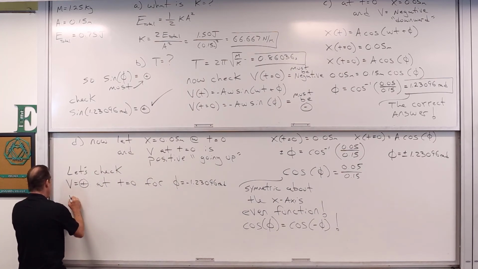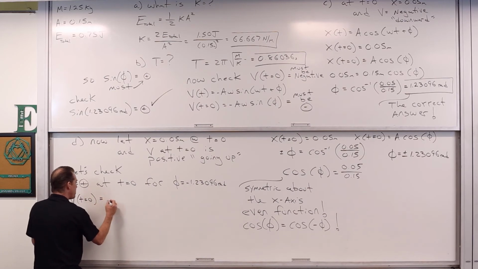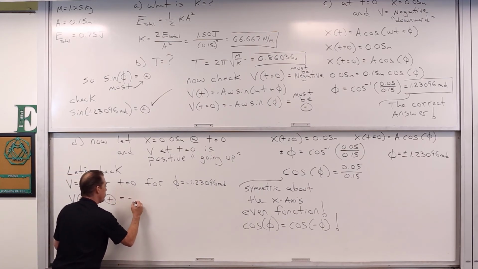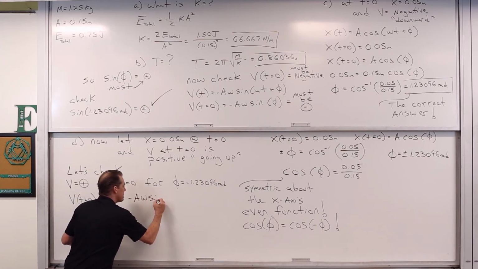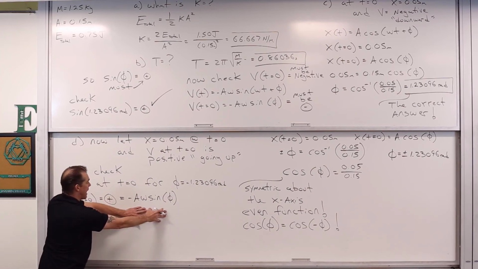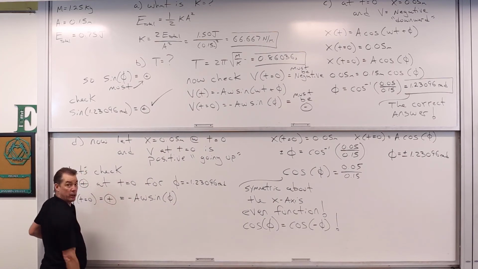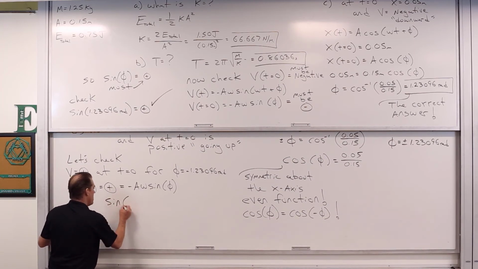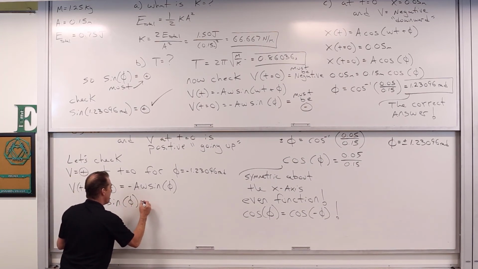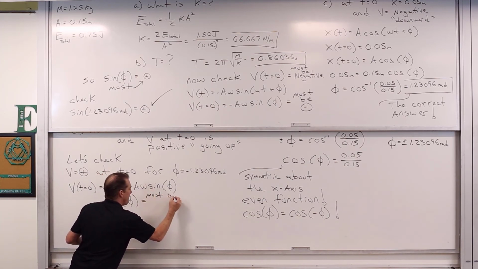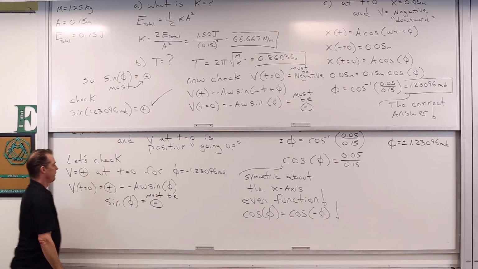So we've got, again, V of t equals 0 must be equal to a positive value going up, and it is equal to negative A omega times the sine of phi. Well, if this is going to be positive, the sine of phi better be equal to a negative value, right? The sine of phi must be negative.